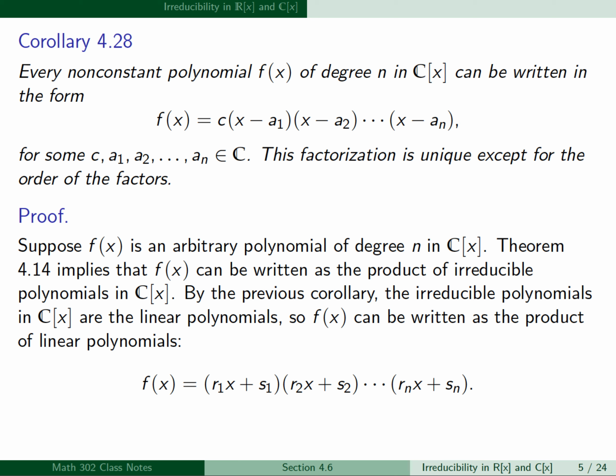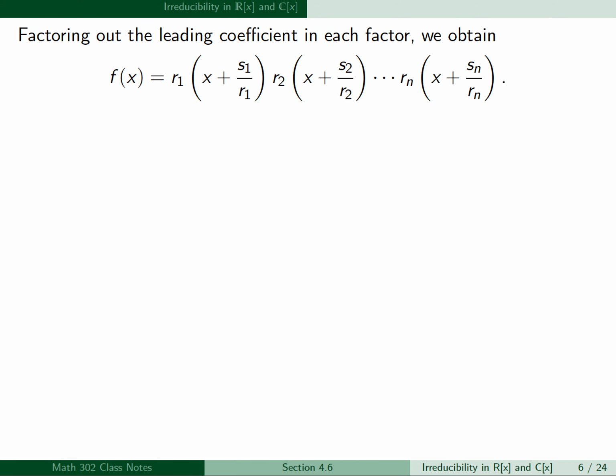So f(x) can be written as the product of linear polynomials: (r1x + s1)(r2x + s2)...(rnx + sn). Factoring out the leading coefficient in each factor, we obtain f(x) = r1(x + s1/r1) r2(x + s2/r2)...rn(x + sn/rn).